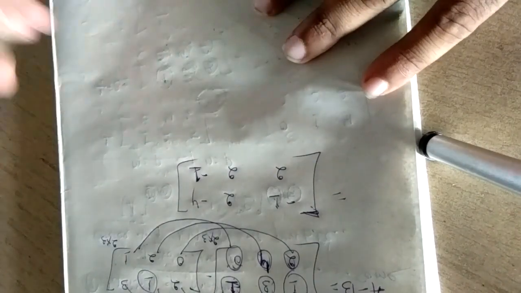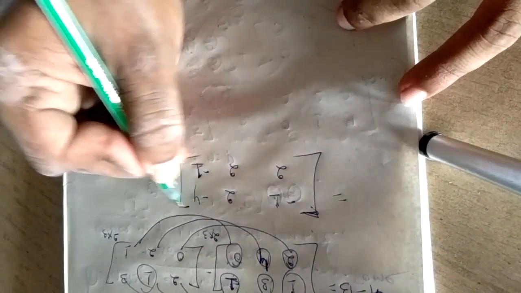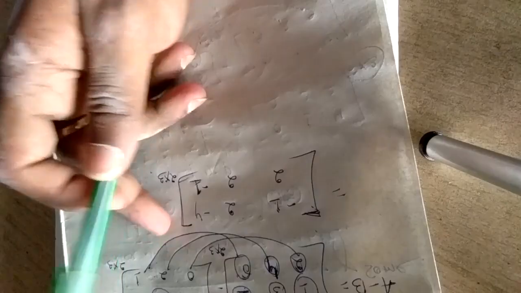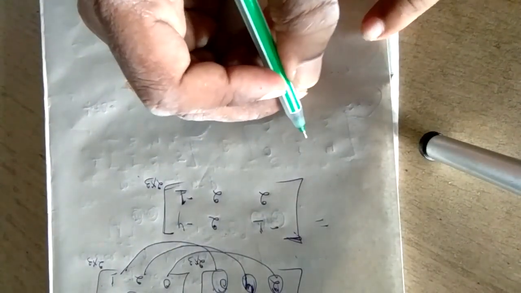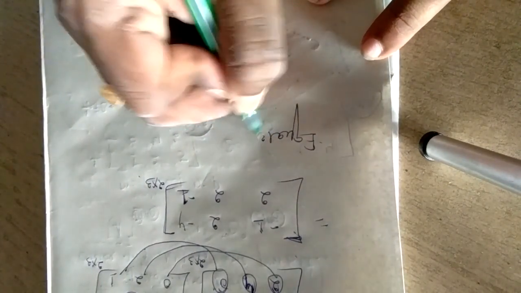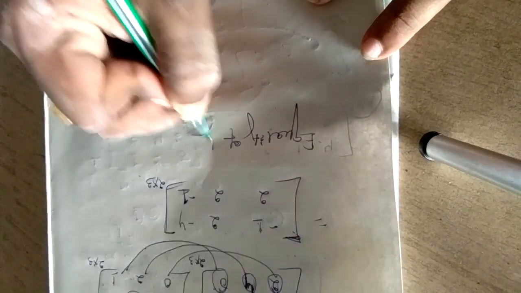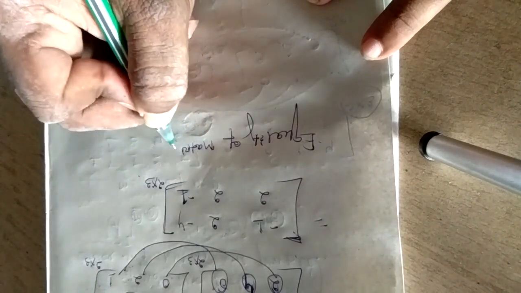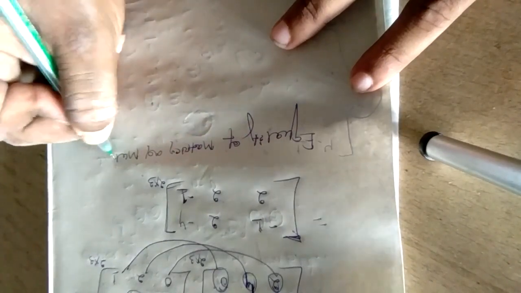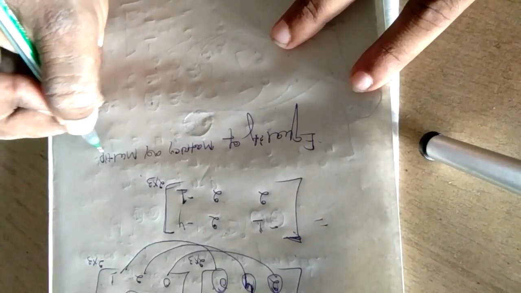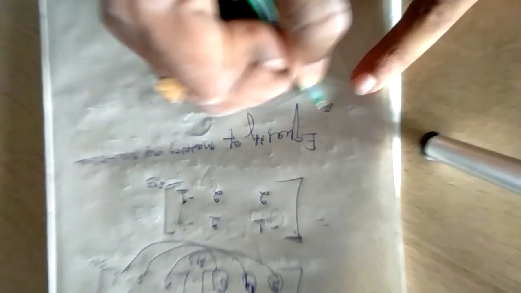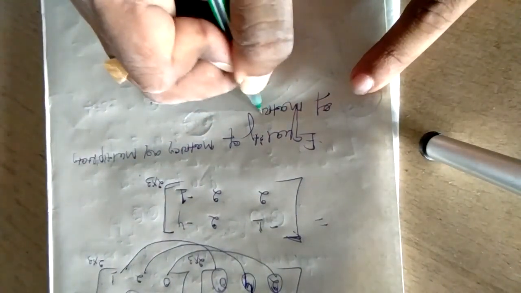This is the subtraction of two matrices. This is also a matrix of order 2 by 3. In the next class we have to study the equality of matrices and multiplication of matrices.